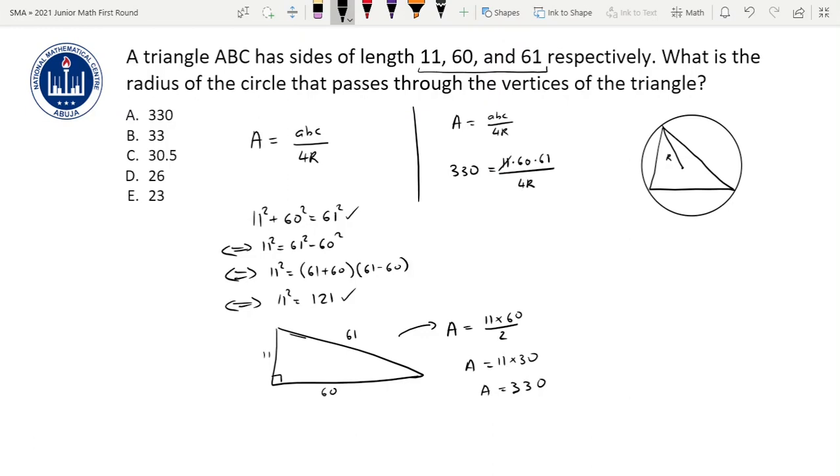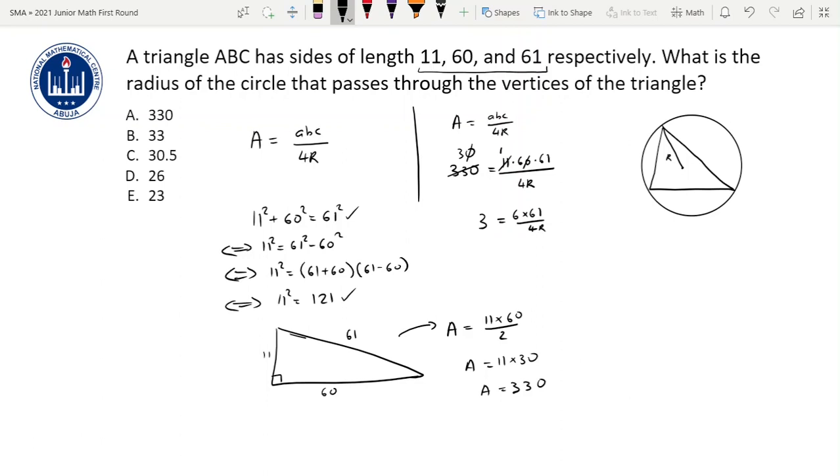And so 11 goes here once, and 11 goes here 30 times, and then we can cancel out 10 from 60 and 10 from here. Then you have 3 equals 6 times 61 divided by 4R.